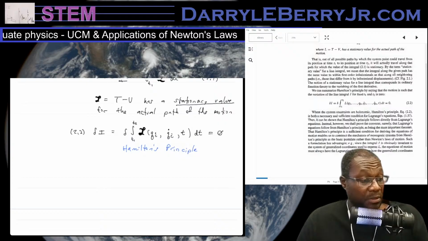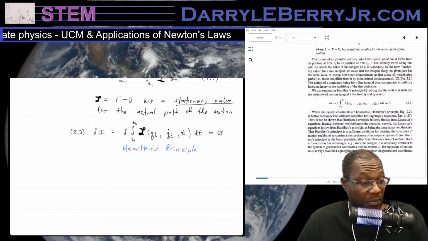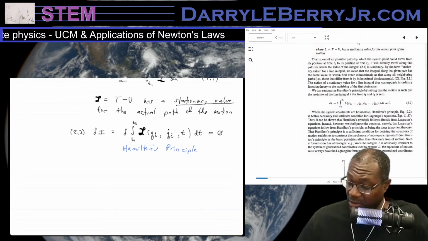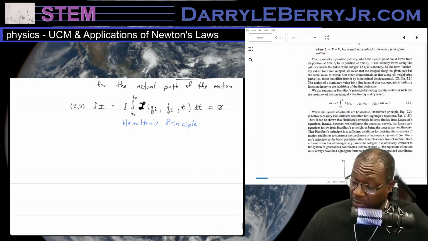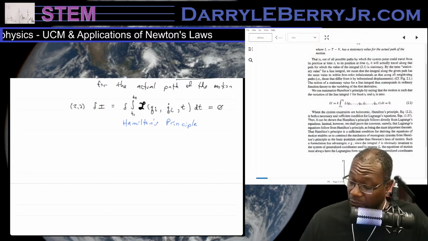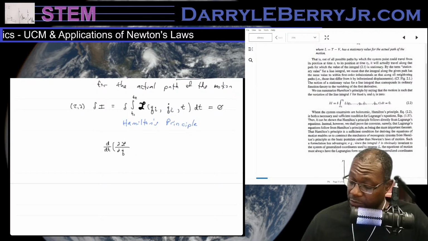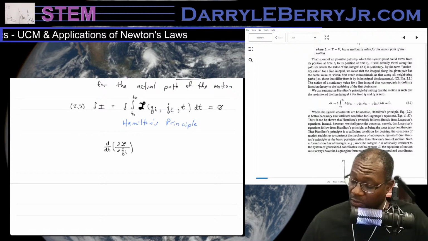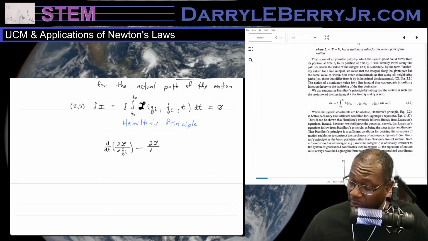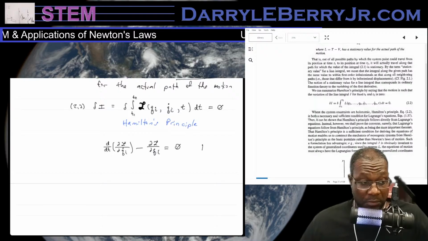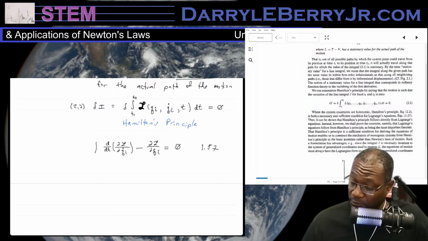It is both a necessary and sufficient condition for Lagrange's equation 1.57. And Lagrange's equation is d/dt of ∂L/∂q̇_i minus ∂L/∂q_i equals 0.